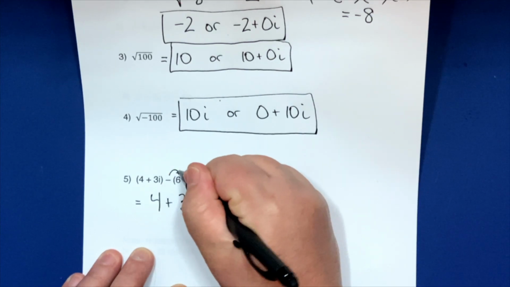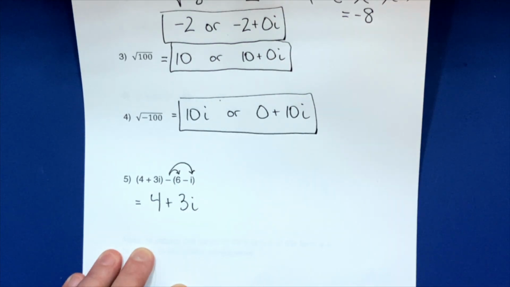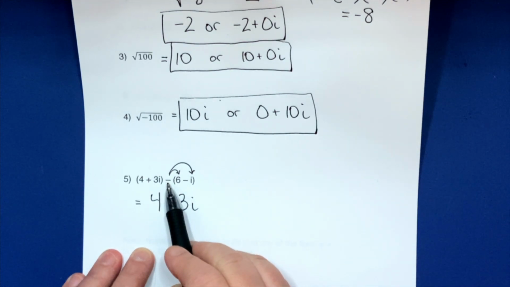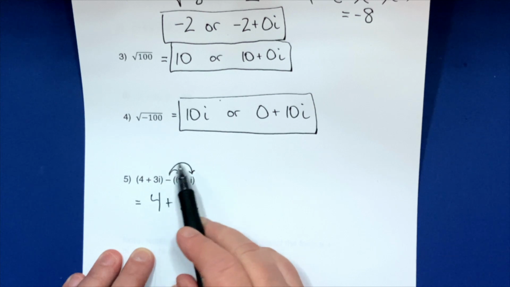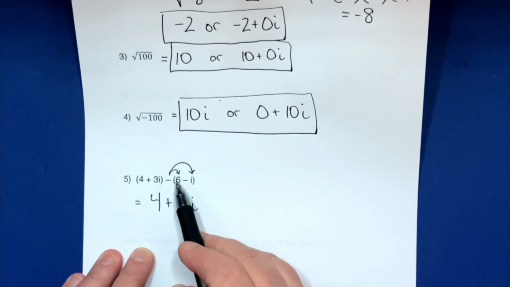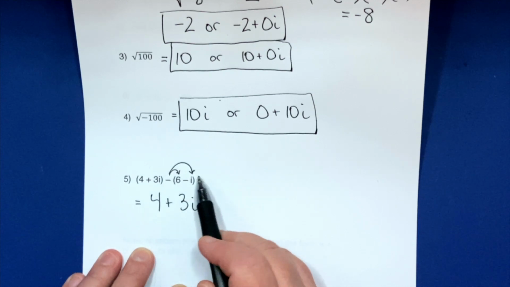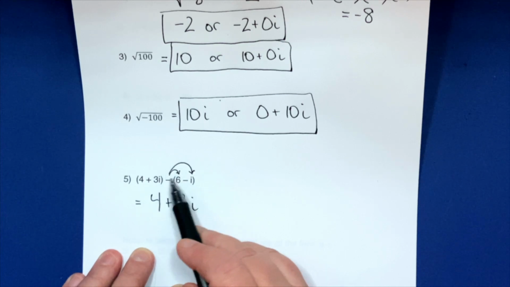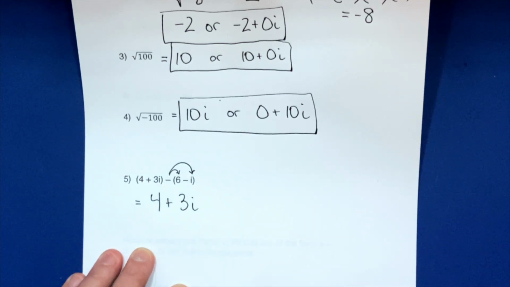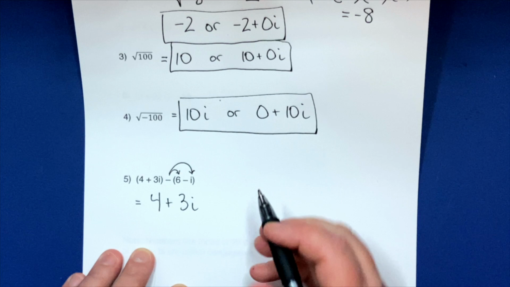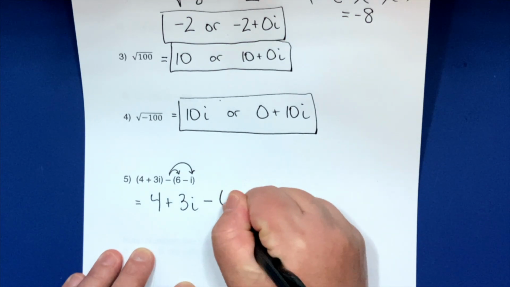And then this minus, it depends on your perspective. If you see it as the opposite, then you have the opposite of these. If you see it as a -1, then you're going to multiply through. And if you see it as a subtraction, you just subtract both of those. Any way you look at it, that minus is going to be a -6.